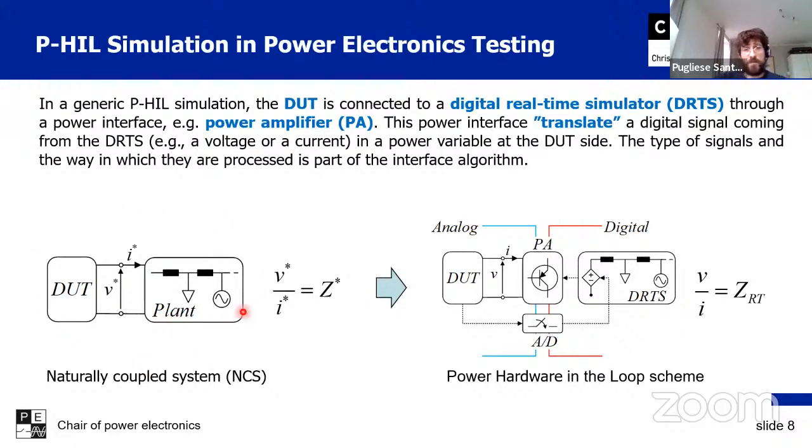So if this one is the ideal plant that I want to represent, an accurate power-in-the-loop is the one that has equivalently, here I put it in terms of an impedance, the same dynamic. The same Z_RT should always be equal to Z star.